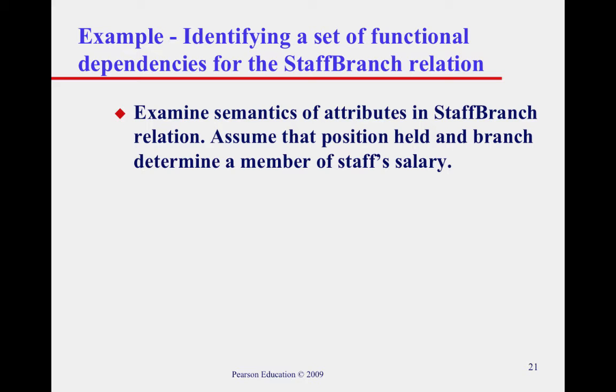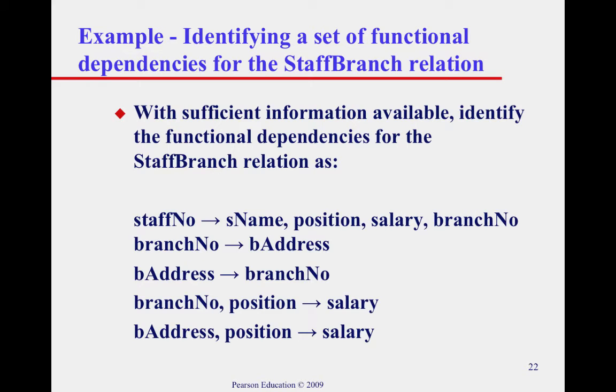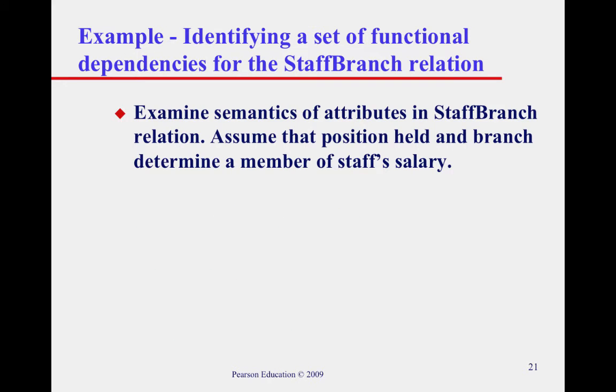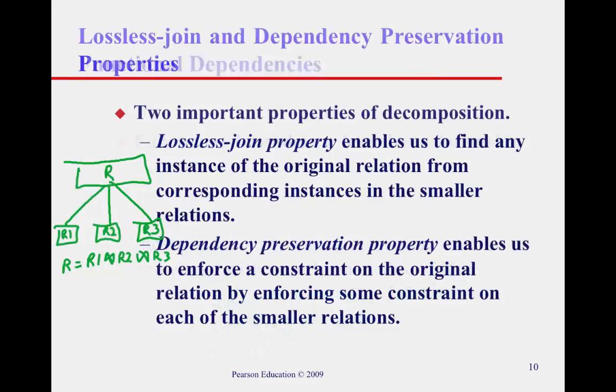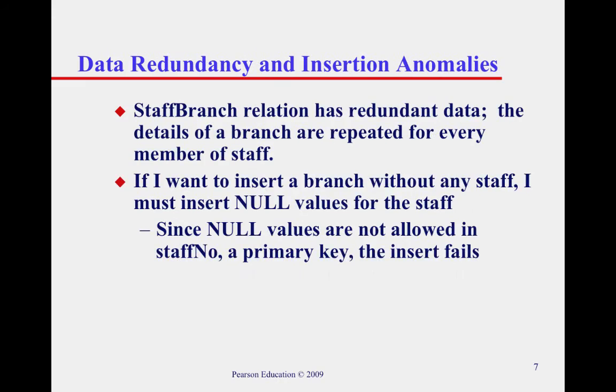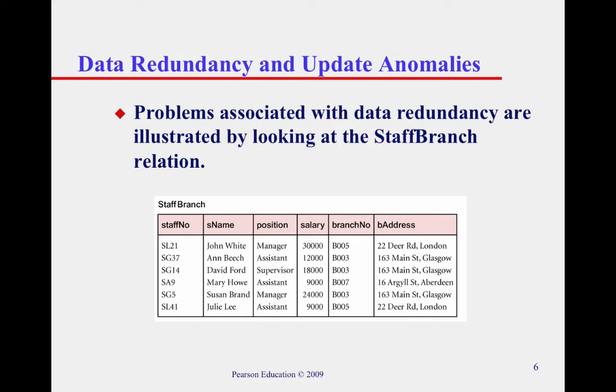Okay, so let's say that we want to identify a set of functional dependencies for the staff-branch relation. A lot of it's using your common sense. This is actually one where we can have participation. So using some common sense, what are some functional dependencies here, other than staff number uniquely determines everything?